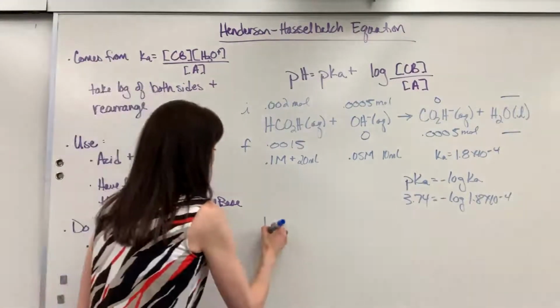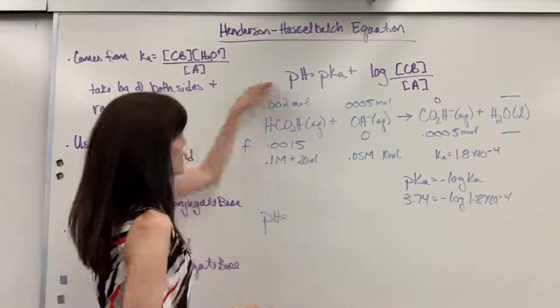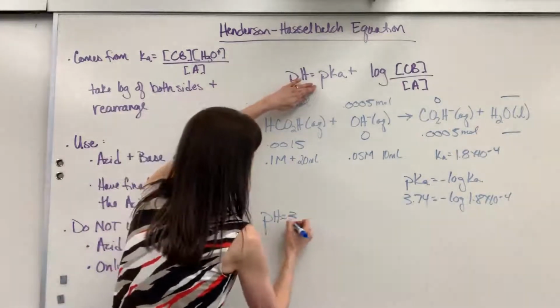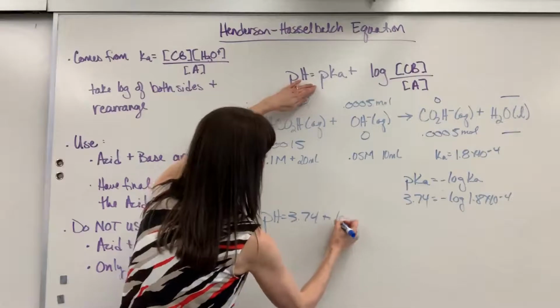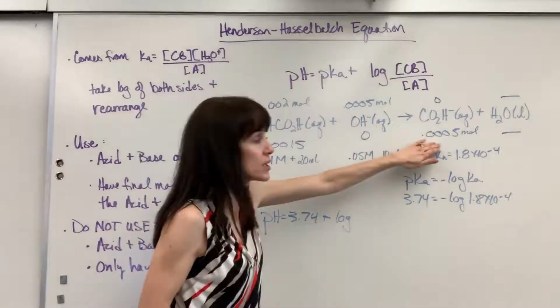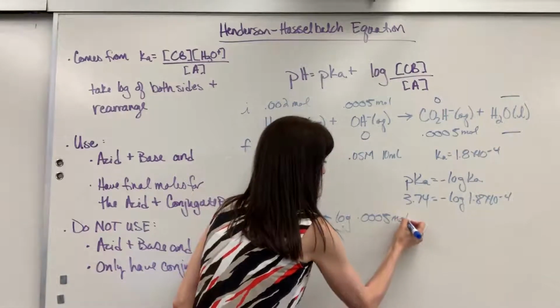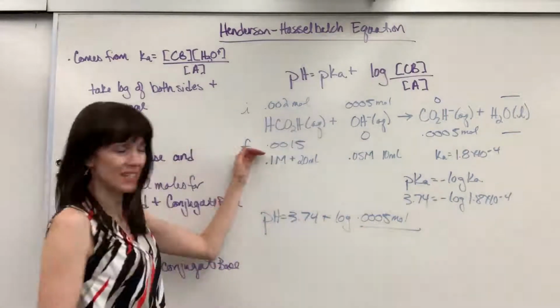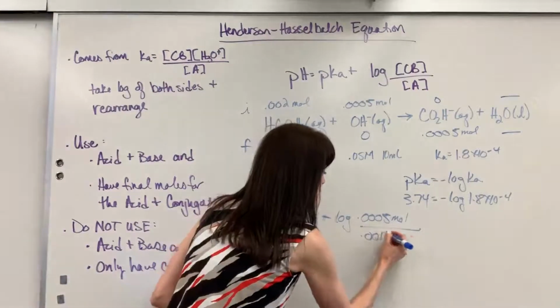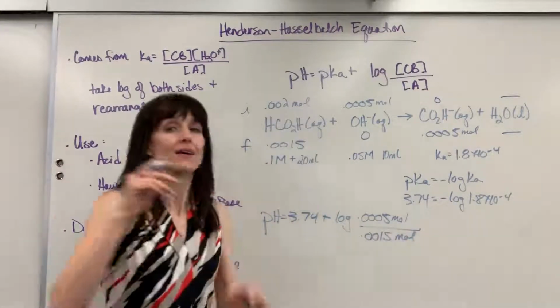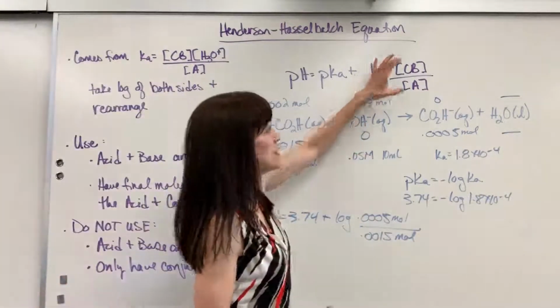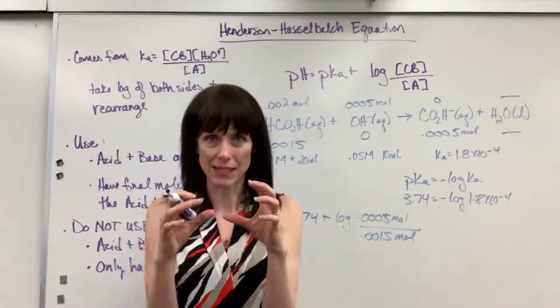So the pH will equal pKa, 3.74, plus the log of the conjugate base, which is 0.1235 moles, divided by the acid, 0.0015, that's my formic acid, moles. Now, little reminder, I put this in brackets, meaning molarity.